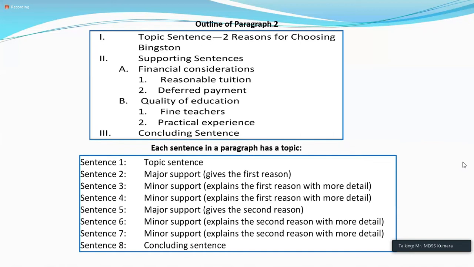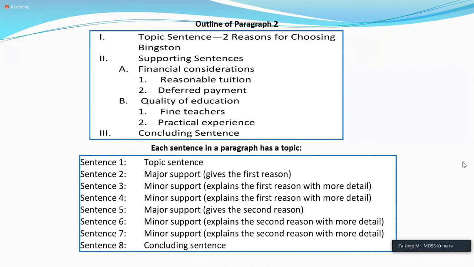And then sentences 3 and 4 give minor support. That means these sentences explain the first reason with more detail. So when we say financial considerations or the issue of money, explanations of that are given: reasonable tuition, deferred payment scheme.